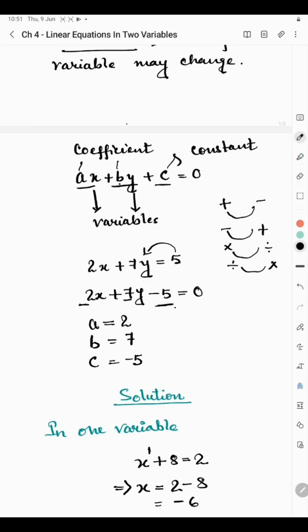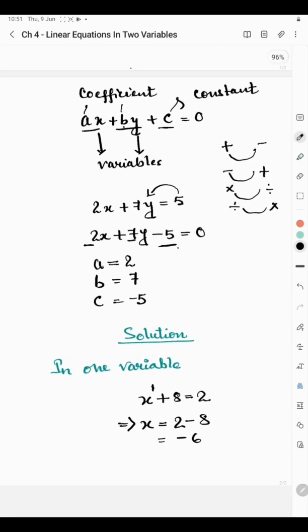So what we have seen here is that we have got only one solution for this linear equation in one variable. So we'll write one unique solution. Okay. So what we have noticed is that if there is a linear equation in one variable, then we will have only one solution.